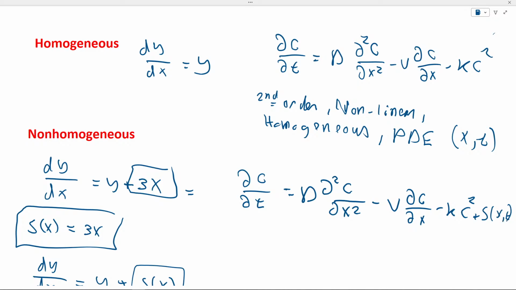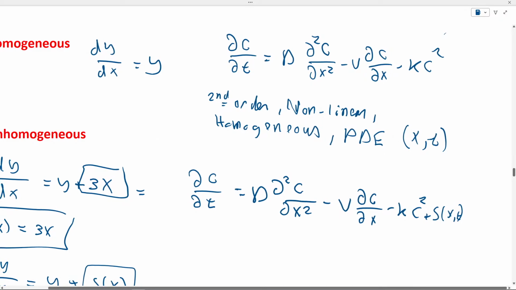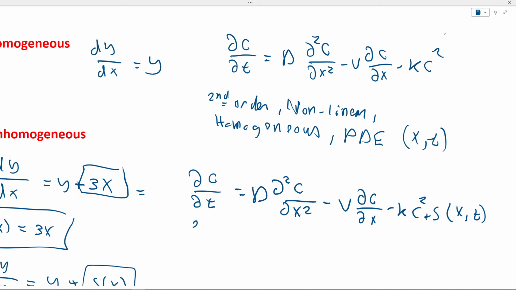So now see, I have an extra term here, which is a function of my independent variables x and t. How would I classify this? The same as here, second order. It's non-linear because I have c squared here.